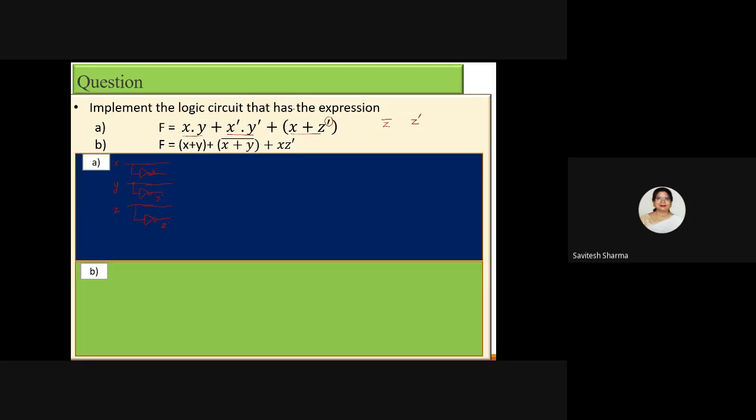At a time you can take one term only. So I am first implementing the first term. It is X dot Y. Dot indicates AND operation. So I will join these X and Y. Sorry, this was my X bar.